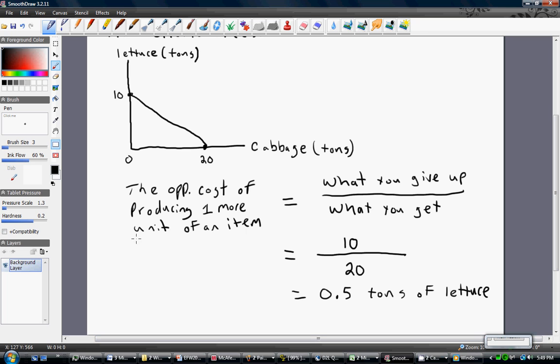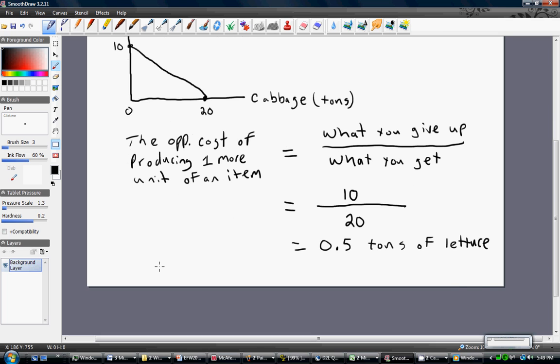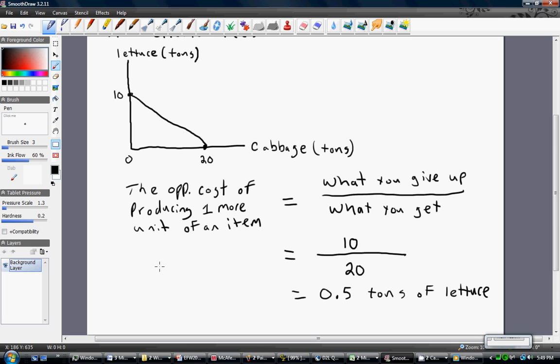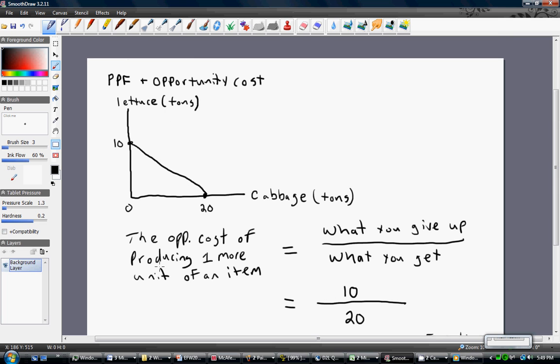Now we can ask this opportunity cost question from the perspective of the other good. Let's go ahead and calculate the opportunity cost of producing one more ton of lettuce. I'll move up here. So the opportunity cost of producing one more ton of lettuce is going to be, well, what do we give up if we produce nothing but lettuce?